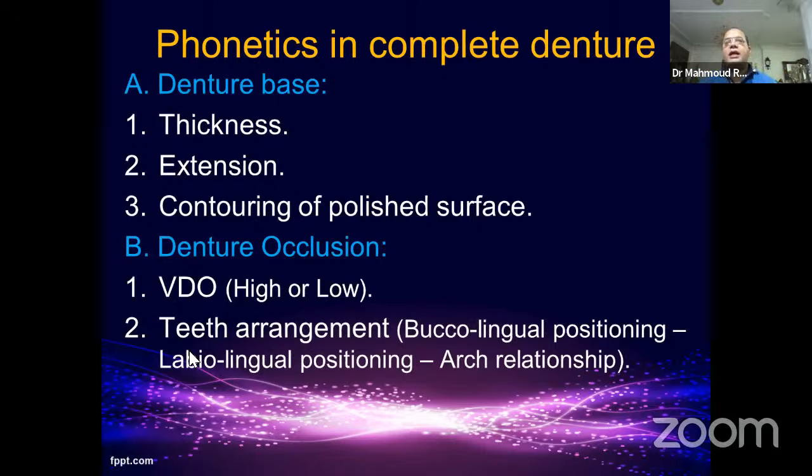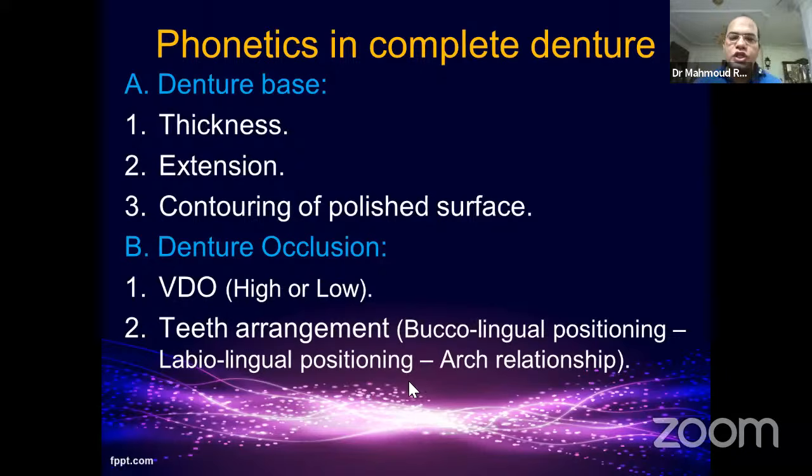Some laboratory technicians set the posterior teeth slightly lingual to gain a biomechanical advantage, but this is a very common mistake because it will encroach on tongue space, and this must be identified in the try-in stage, before denture delivery.